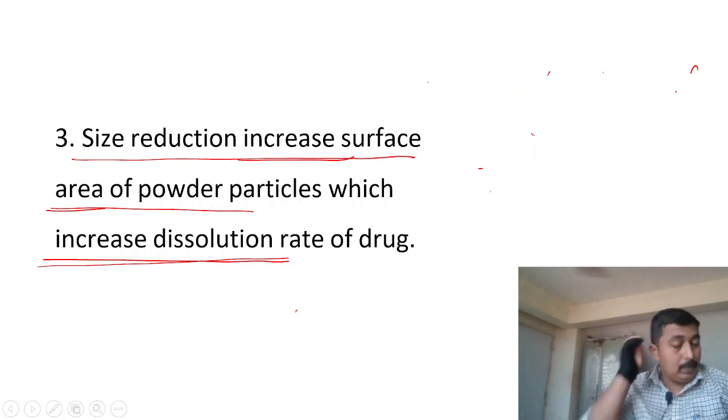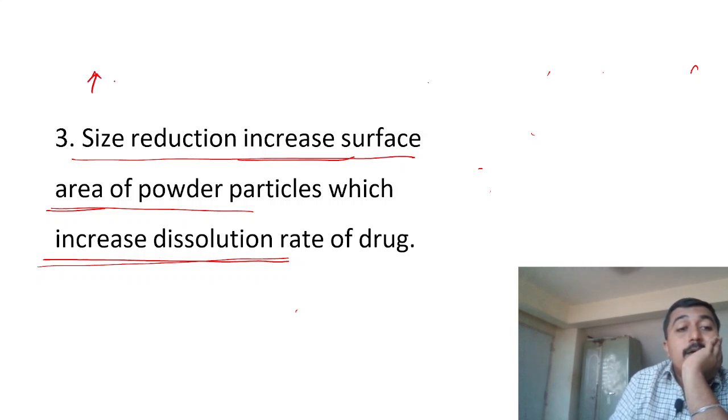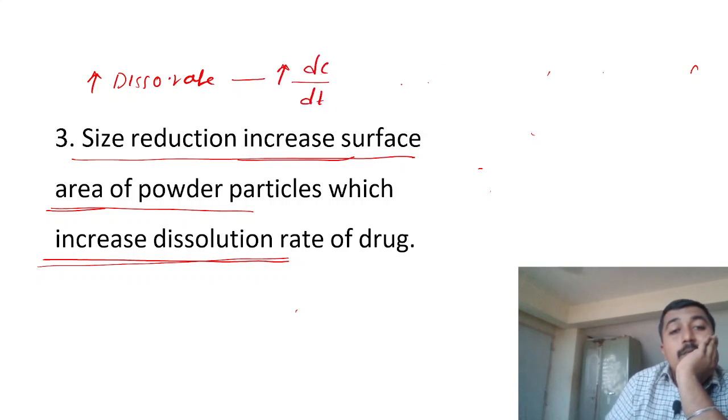Now we'll see what is meant by more dissolution rate. More dissolution rate means more dC/dt. More dC/dt means what? Which one will be more, numerator or denominator? Numerator will be more: more dC and less dt.